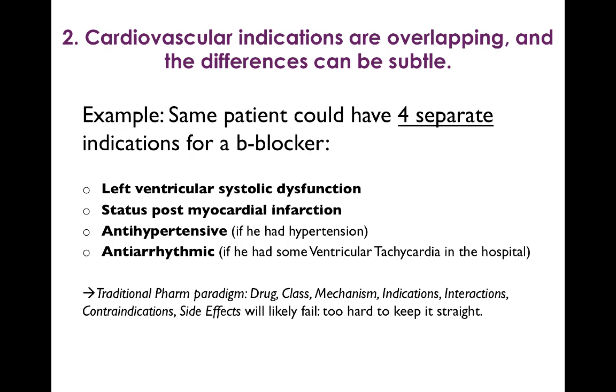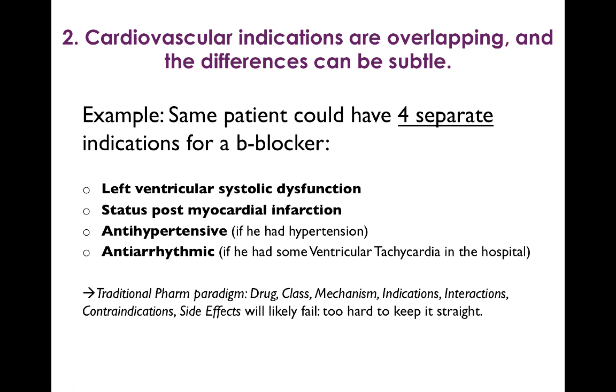So the second thought is that especially for cardiology, cardiovascular indications for drug therapy are overlapping, and the differences among the drugs, or rather the use of the drugs, can be subtle. So the same patient, that same person with an MI and an EF of 30%, could have 4 separate indications for a beta blocker. He or she might qualify for a beta blocker because they have left ventricular systolic dysfunction.